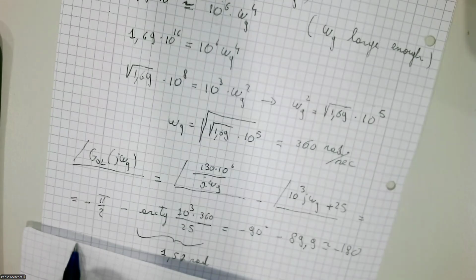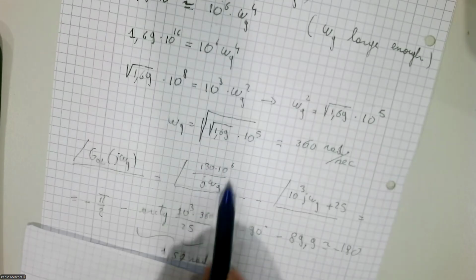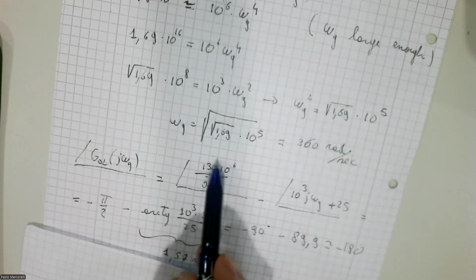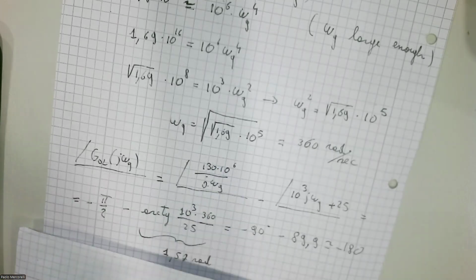You remember this from the calculation of a complex number. It doesn't matter which value, what is important is that it is positive. The phase of j is pi divided by 2, but the phase of 1 divided by j is minus pi divided by 2.